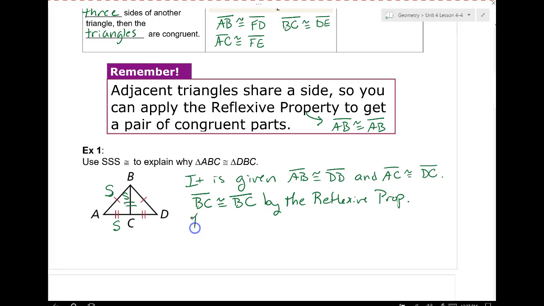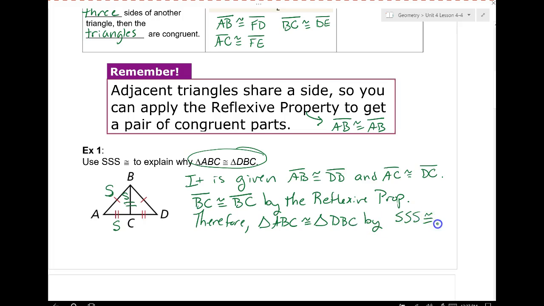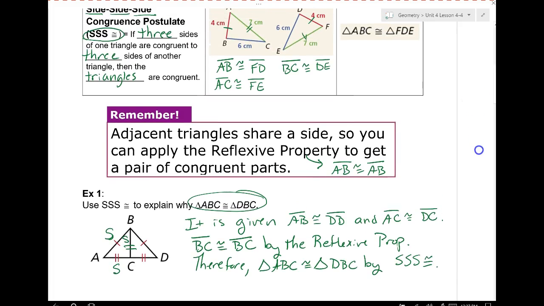So that's what you say next. You can say, okay, so thus, therefore, so, think of some good word. Let's try therefore. It looks a little more fun. So therefore, triangle, and then you write the congruency that is given to you so you can end correctly. ABC is congruent to triangle DBC by the side, side, side congruence. Now, guys, think about that for a moment.